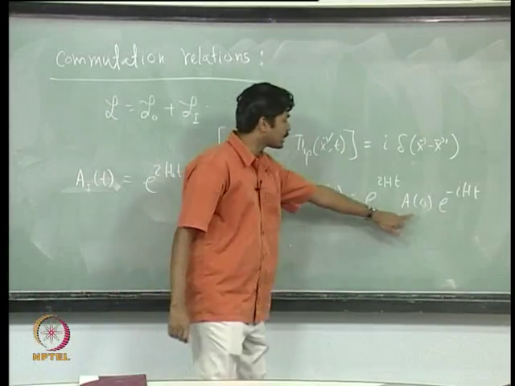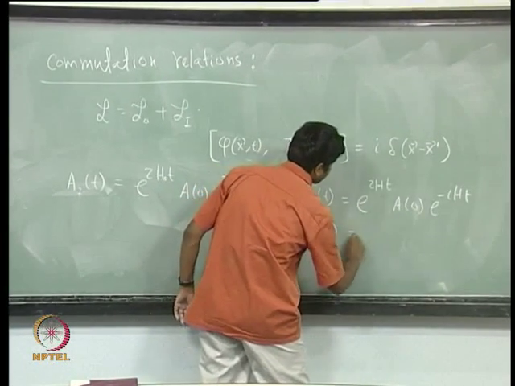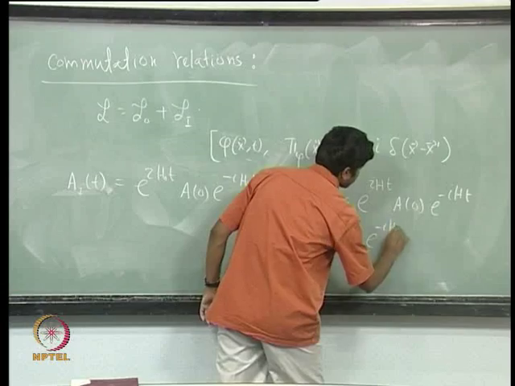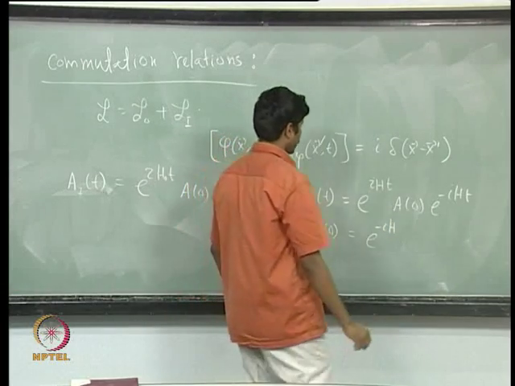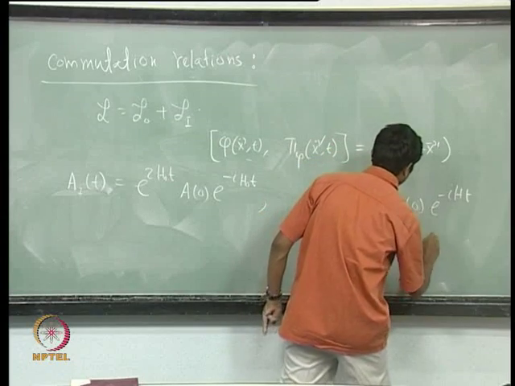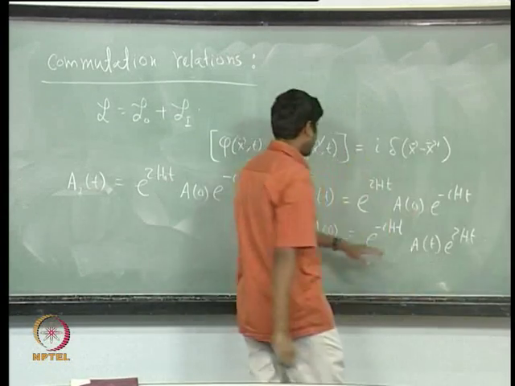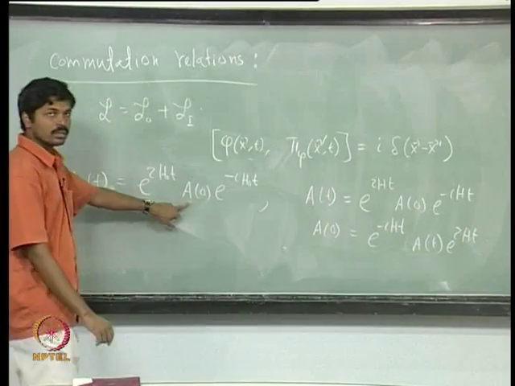So, you can invert this relation. This will tell you A0 is e to the power minus i H t A t e to the power i H t, and you can substitute it here.